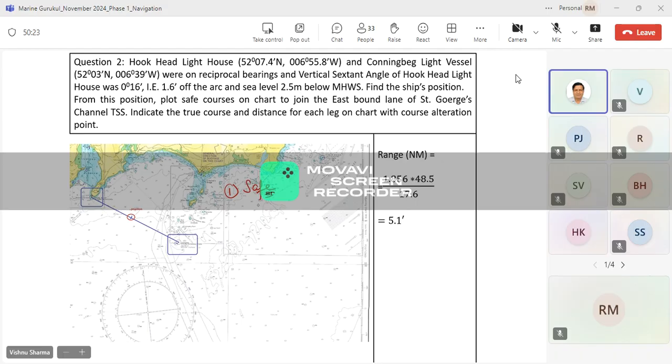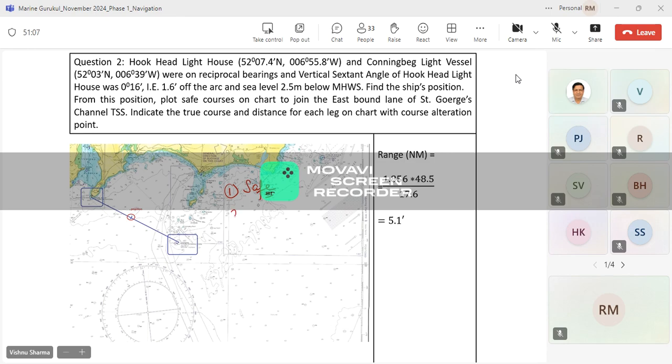Otherwise, two different people, two different masters, two different vessels, based on their own strengths, their own resources, the competence of their people, the past experience of the master, each ship will have a slightly different plan. So two people cannot have the same plan. So please don't worry whether somebody has drawn in a certain way, another person in another way. As long as the plan is safe, it cannot be declared wrong.